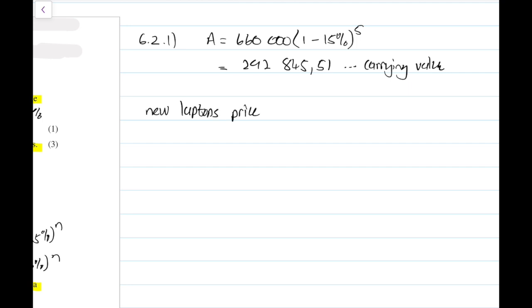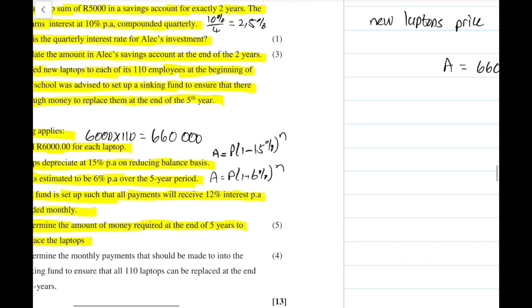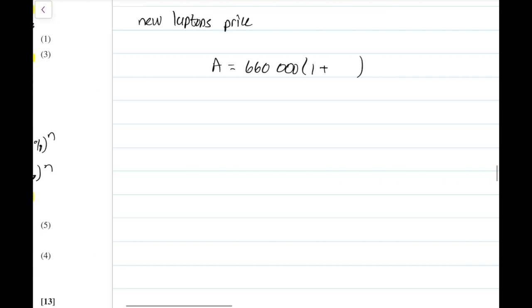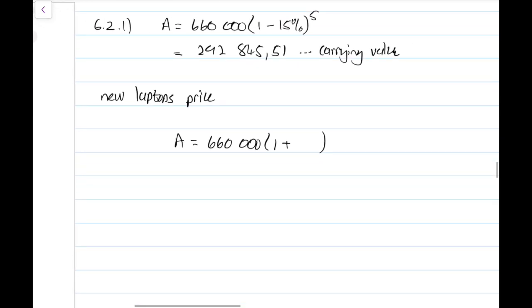So the new laptop's price is A is equal to 660,000 into 1 plus, not the 15, it's the 6%, right? It's the 6% here, and that's for 5 years. So here we have 660,000 into 1 plus 6% to the power of 5. And this is going to be 883,228.88.